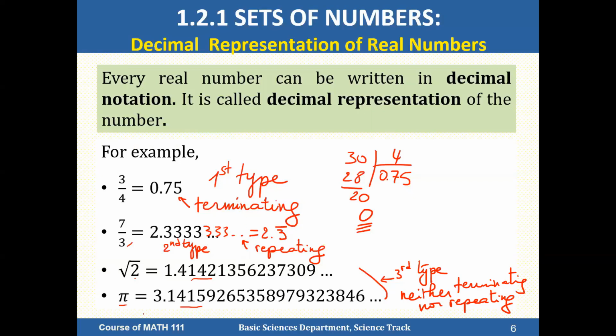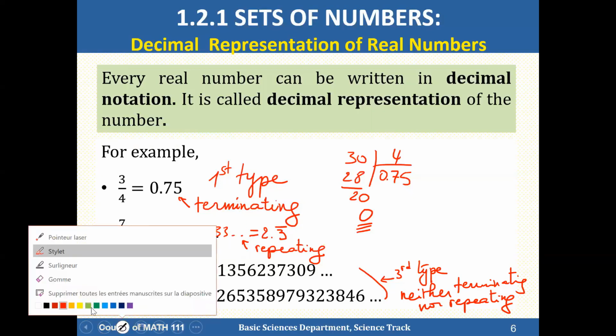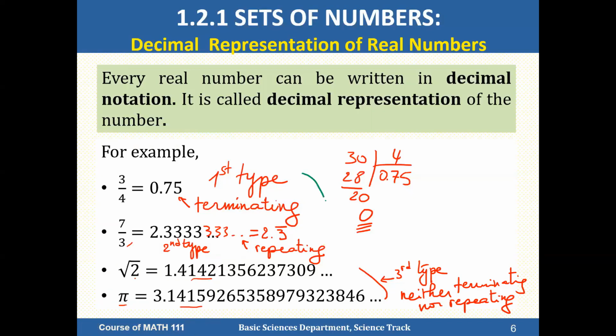Why is this important? It's important since we can say that for the first two types, if the decimal representation is terminating or if it is repeating, these are rational numbers.